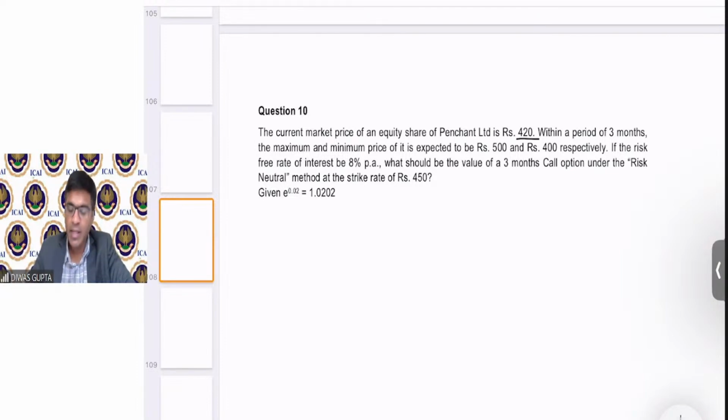This is the current market price. Within a period of 3 months, the maximum and minimum price of it is expected to be 500 and 400 respectively. If the risk-free rate of interest is 8% per annum, what should be the value of a 3 months call option under the risk neutral method at the strike rate of 450?